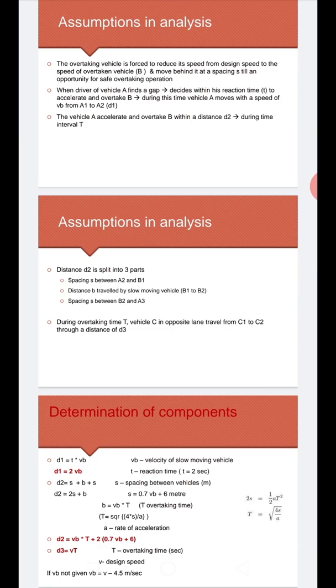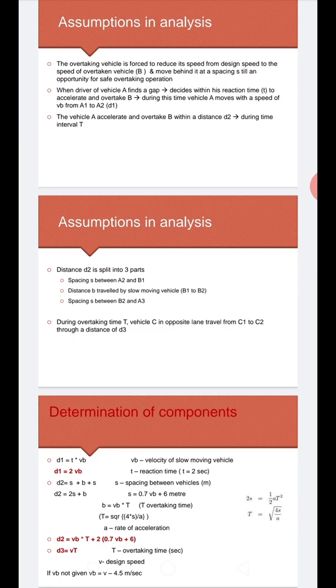IRC suggests an average of 2 seconds, so d1 will be 2 into vb, where vb is the speed of the slow moving vehicle, as your vehicle is moving at the slow moving vehicle's speed. Next is d2, which is b plus 2s, where s is the spacing between the vehicles or gap. s is equal to 0.7 vb plus 6 meters.